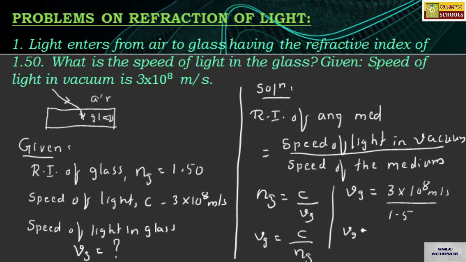Vg is equal to 3 by 1.5, which is 2, so 2 into 10 to the power 8 meter per second. So this is your result. The speed of light in the glass medium is 2 into 10 to the power 8 meter per second. I hope you got this problem right.